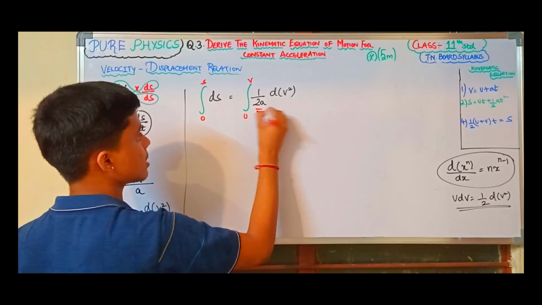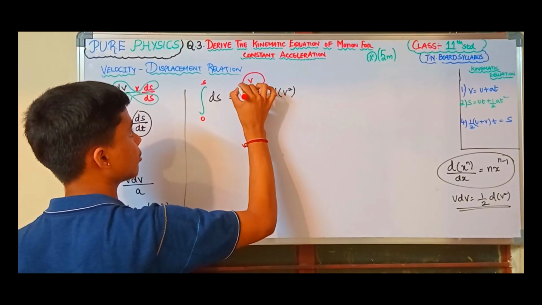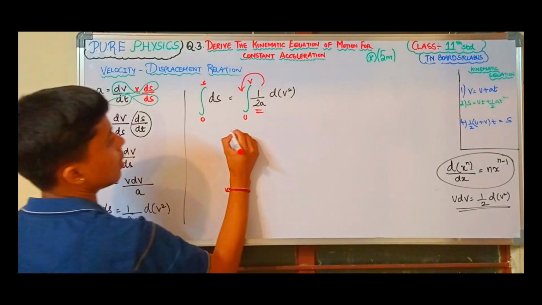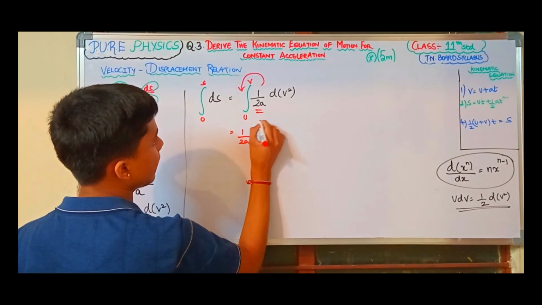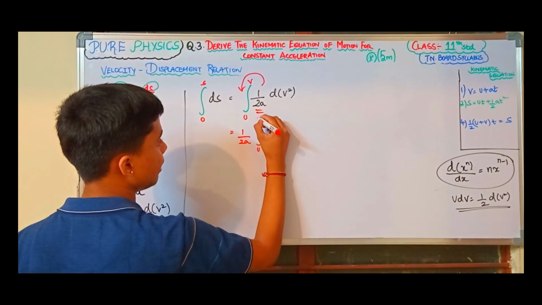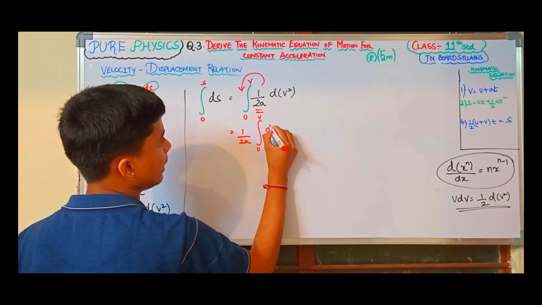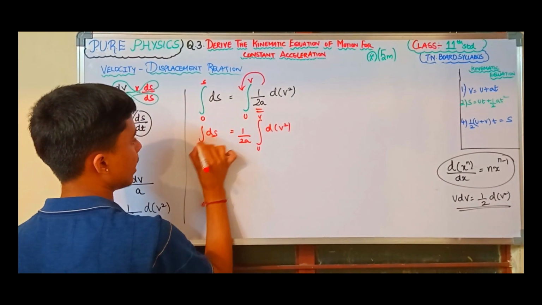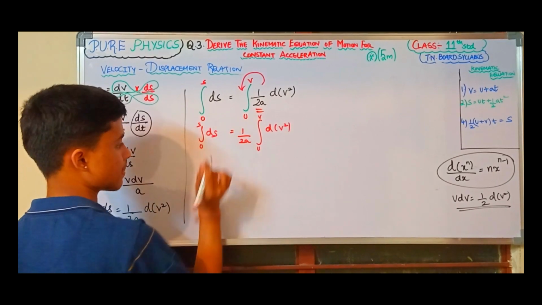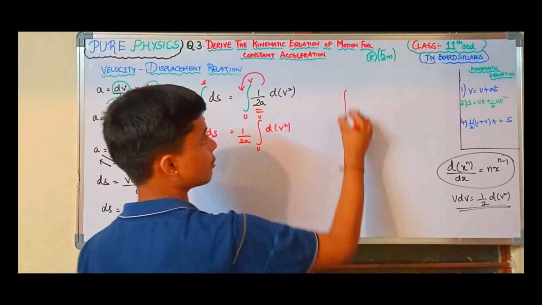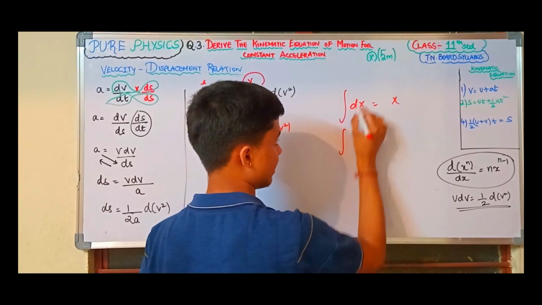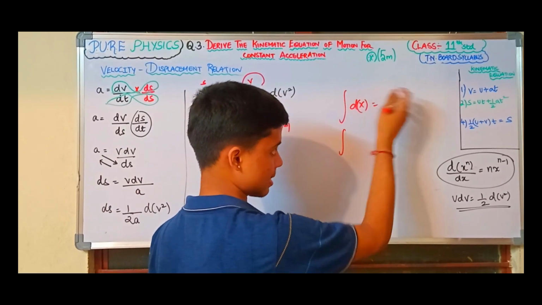Here I have a constant, so I'll take it out of the integral symbol, where I will get 1 by 2a, integration of u to v d of v square, and integration of ds, and you will apply the limit 0 to s. Now integration of dx will give you x.